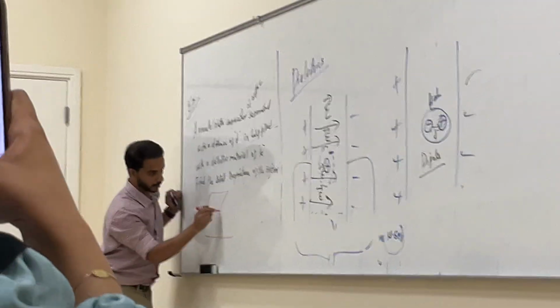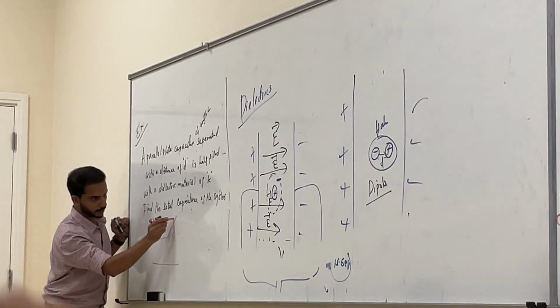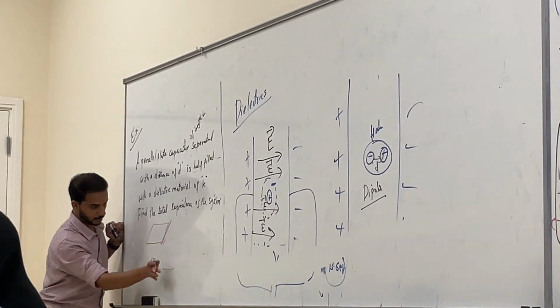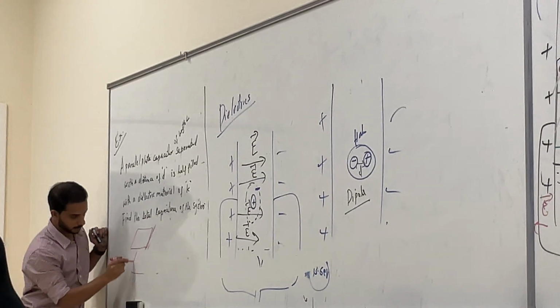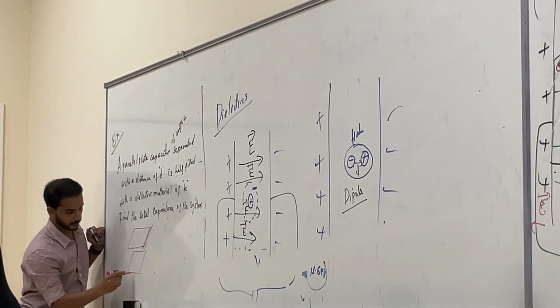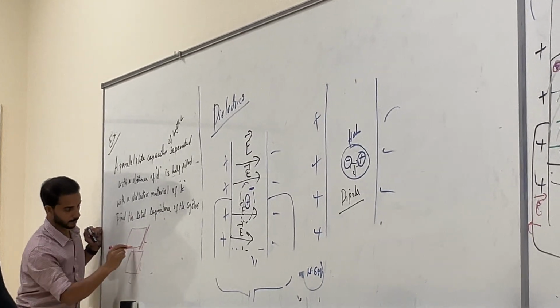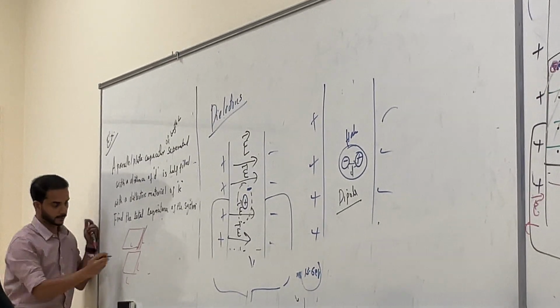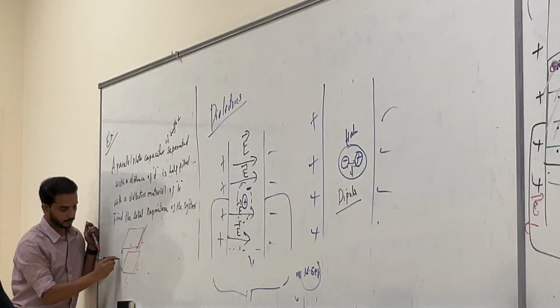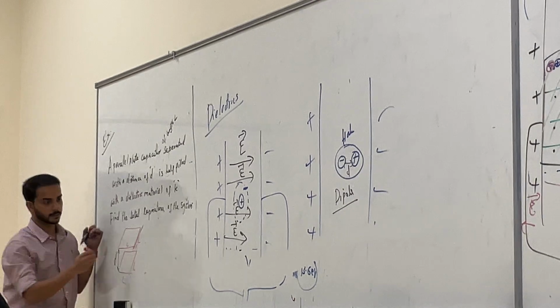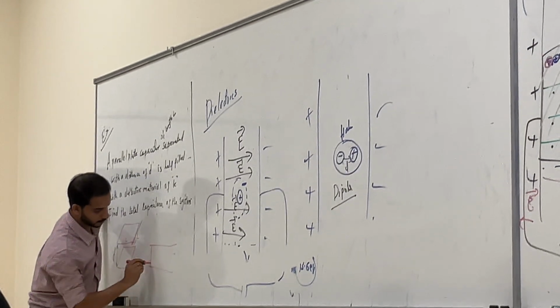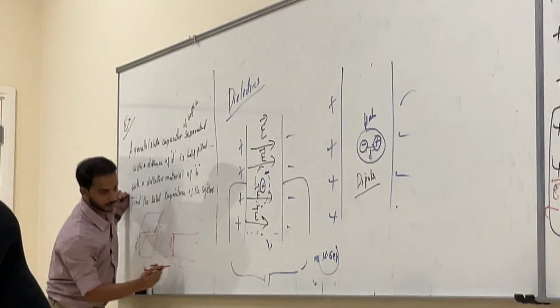Let's say that they are square plates so that I don't need to write. And they are separated with a distance of d. This is it.